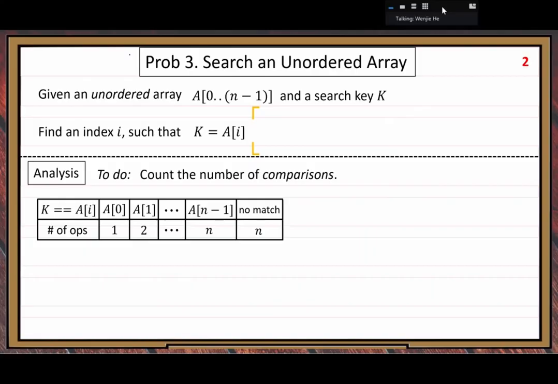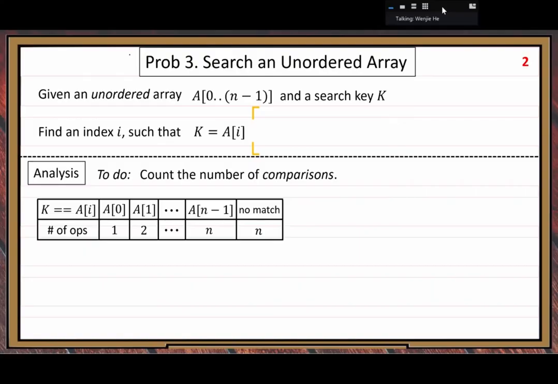So after n comparisons, you can say if there is a match or not. That's all the cases, right? You do not miss anyone here. So you cover all the cases, n plus 1 cases.